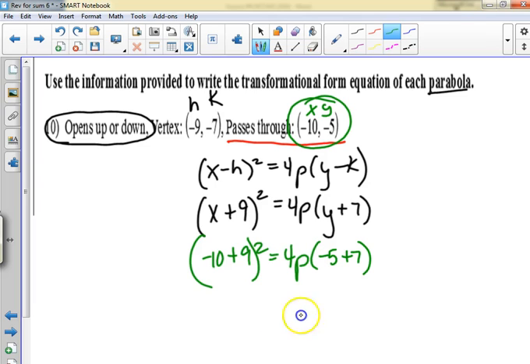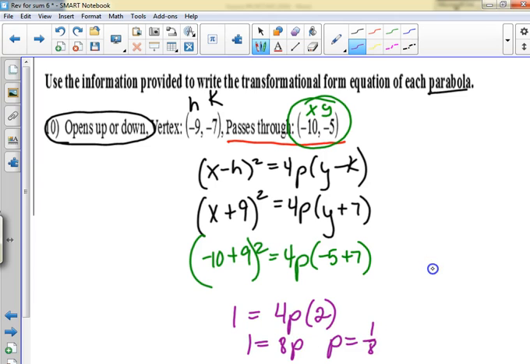Okay, do I really need p? I guess I'll find p just because some of you will get confused otherwise, but I really only need to know what 4p is, right? All right, over here I get negative 1 squared is positive 1, yes? 4 times p times 2, which is 8p. So p is 1/8.